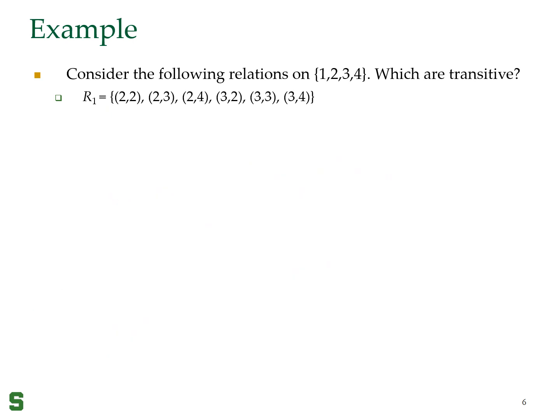Now for a pair like 2, 3, I can combine it with something that starts with 3 comma something. So I have to worry about the pair 3, 2. I have to worry about the pair 2, 4. I don't have to worry about the pair 3, 3 because it is the same kind of thing that I had with the pair 2, 2.